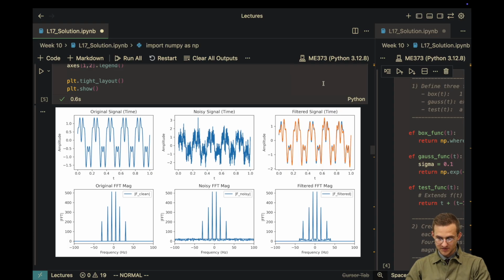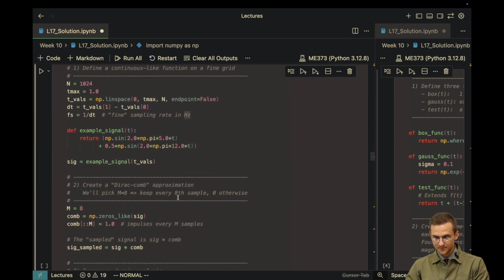It's almost right on top of it. There's some error, but it's a lot cleaner and closer to what you are seeing here as opposed to this, right? It's a big improvement from this mess to there. But that's one of the ways you can use the Fourier transform.